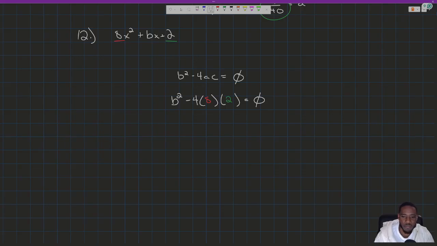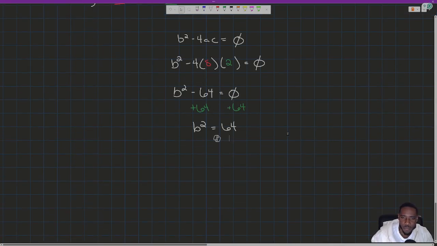Okay, let's simplify over here on the right. B squared is going to be negative 4 times 8, which is negative 32. And negative 32 times 2 is a negative 64. Okay, now from here, all I got to do is add 64 to both sides because we're trying to get b by itself. We're going to end up with b squared is equal to 64.